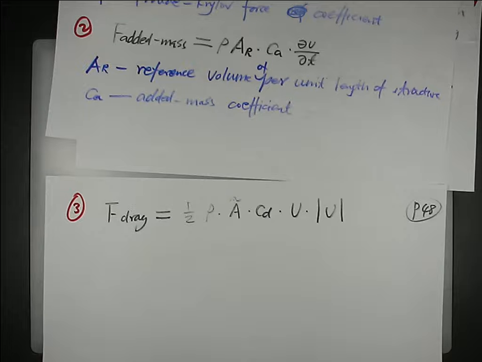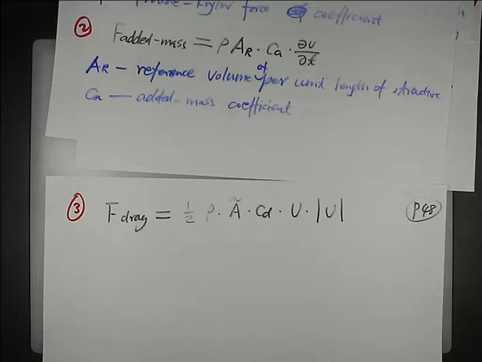Why not use U squared? Why use U times the absolute value of U? Because in this equation we consider the direction. The flow can flow in this direction or in the opposite direction. So if you use U times the absolute value of U, then we can distinguish this, but if you use U squared, we cannot.